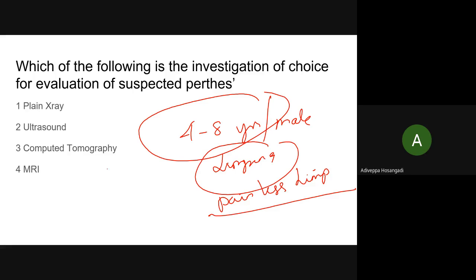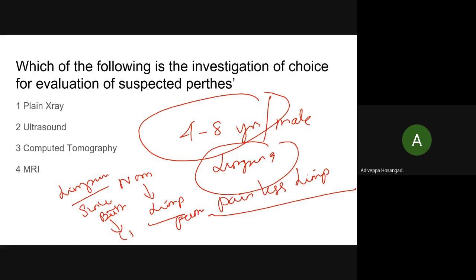When a child was walking normally, then he develops a limp, you should suspect Perthes. But if the child is limping since it started walking, that means since birth, you should suspect CDH or congenital dislocation of hip.